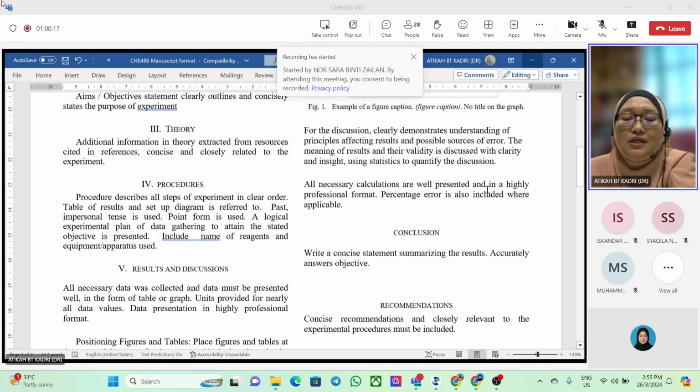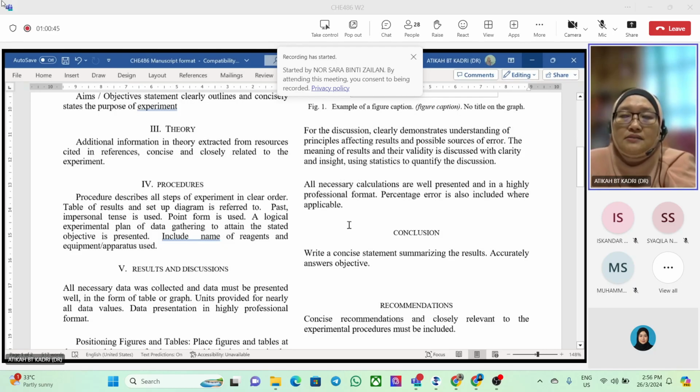That is an equation. So you need to label that equation as equation 1.